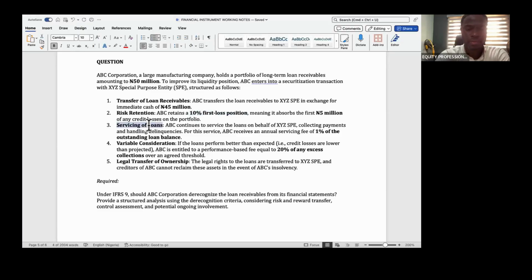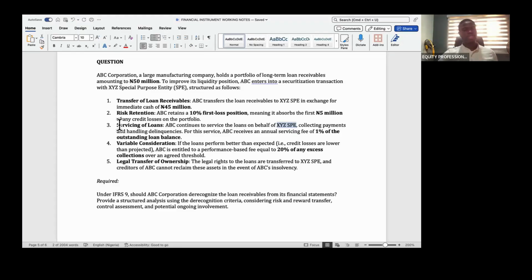Thirdly, servicing of loans. It says ABC continues to service the loans on behalf of XYZ SPE, collecting payments and handling delinquencies. For this service, ABC receives an annual servicing fee of 1% of the total outstanding balance.